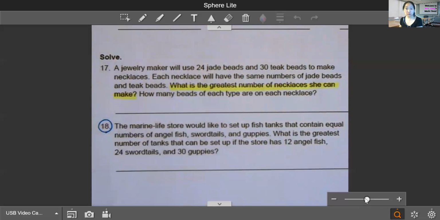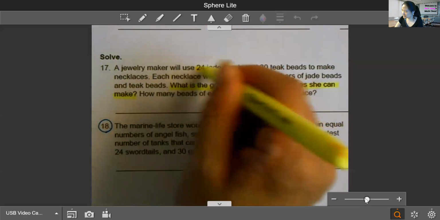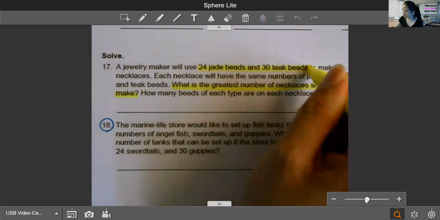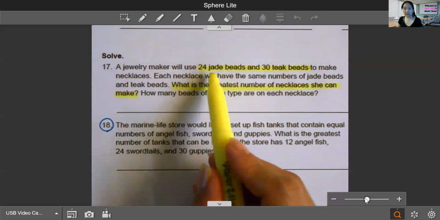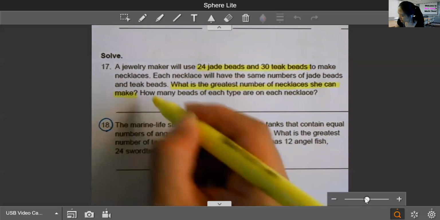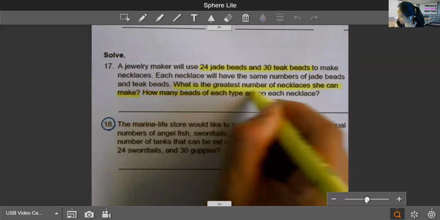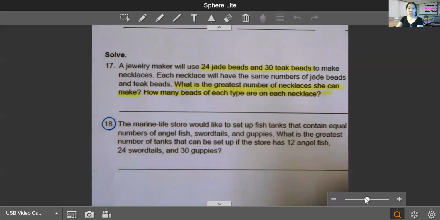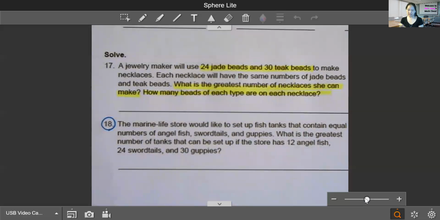Which means you would want to do the upside down cake or the ladder method for 24 and 30. But it also asks you how many beads of each type are on each necklace. So once you use the ladder method to find the greatest common factor, make sure that you answer that question.